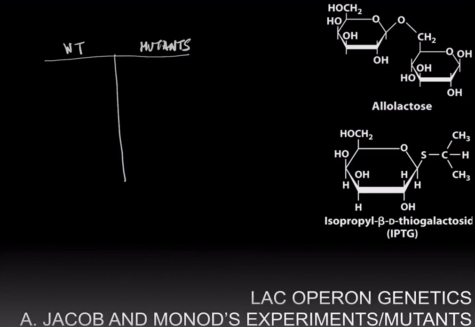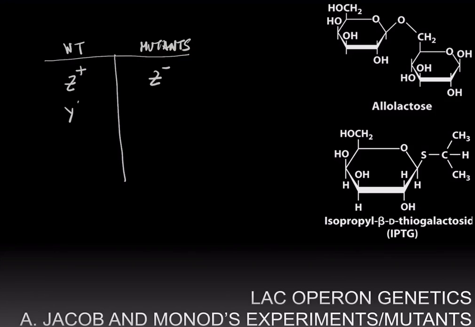The first one is Lac Z minus, or Z minus for short, where beta gal is not functional, and this E. coli strain cannot grow in medium with lactose, because if you don't have functional beta gal, then you cannot metabolize lactose.